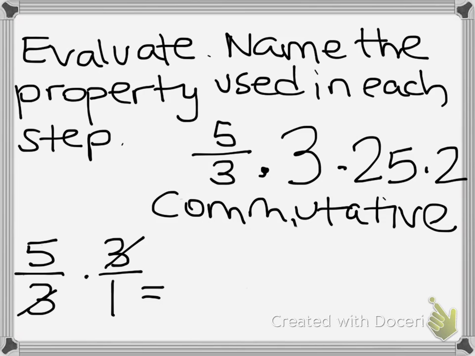You're left with 5. Now, you probably could have done that in your head. That's why I wanted to start with that. So 5 times 25 times 2 is what you're left with.